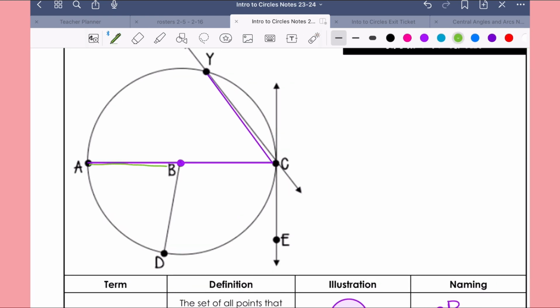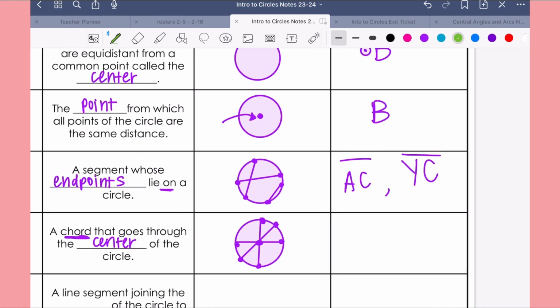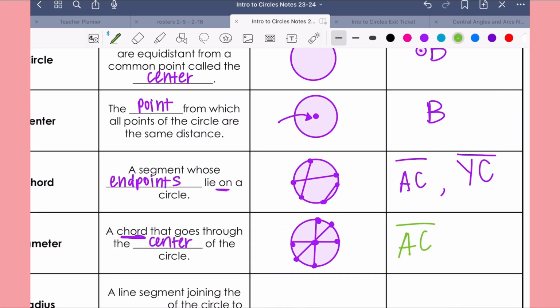This is also the diameter and a chord. I forgot to label the chords. This is a chord. This is a chord. And apart from being a chord, it's also the diameter. And that is AC.